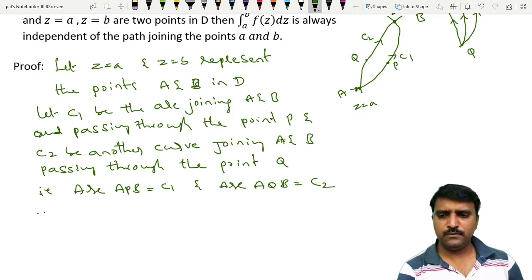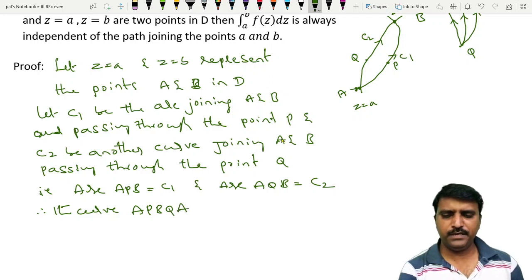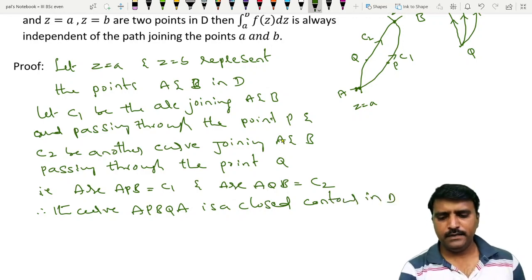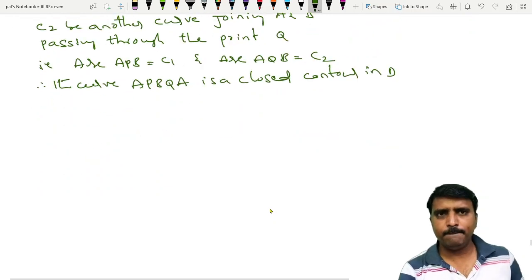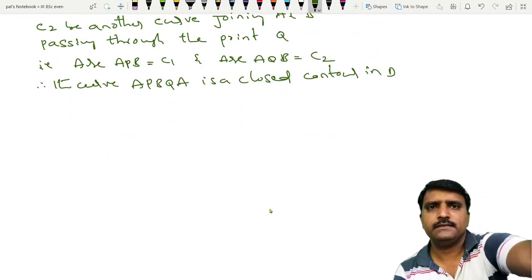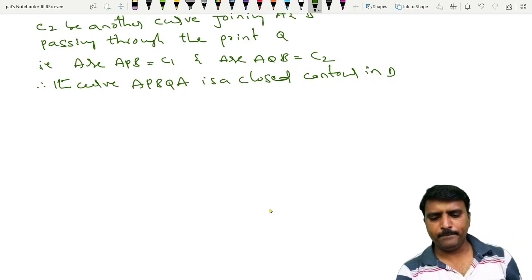Therefore, the curve APBQA is a closed contour in the domain D. It is a closed contour in D.